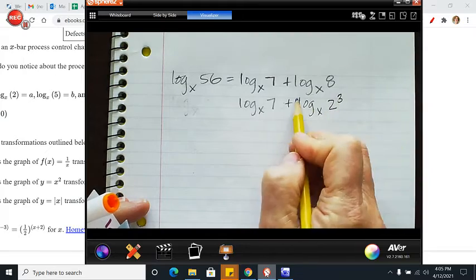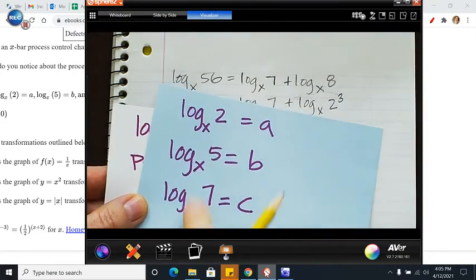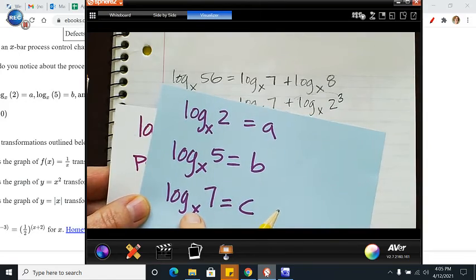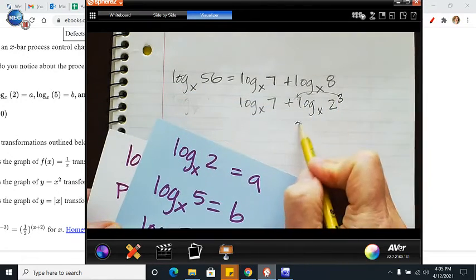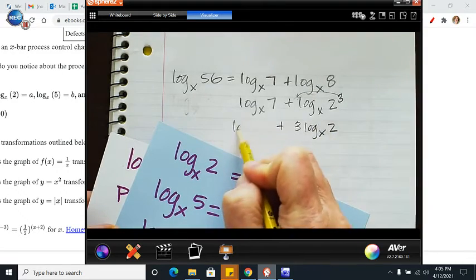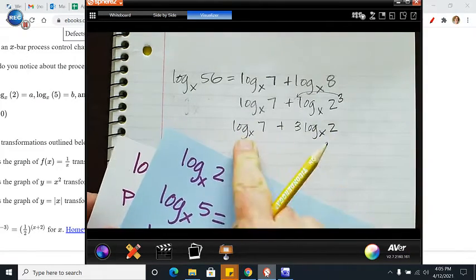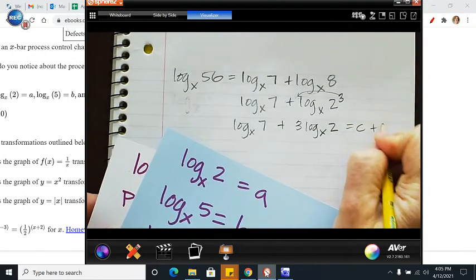And then you can use power property and just bring this down. If your goal is to have everything in terms of these 3, that's why I'm changing it to that. So then that would be 3 log base x of 2. This is c, and then this is a, so this would be c plus 3a.